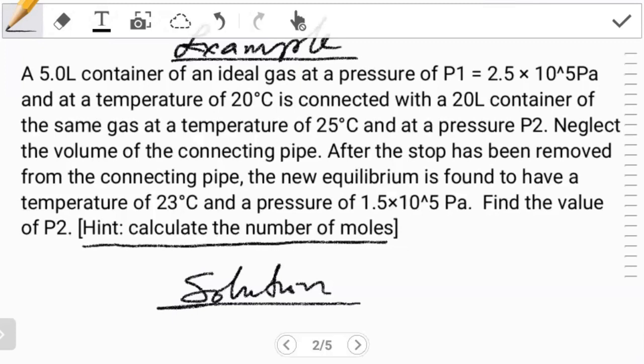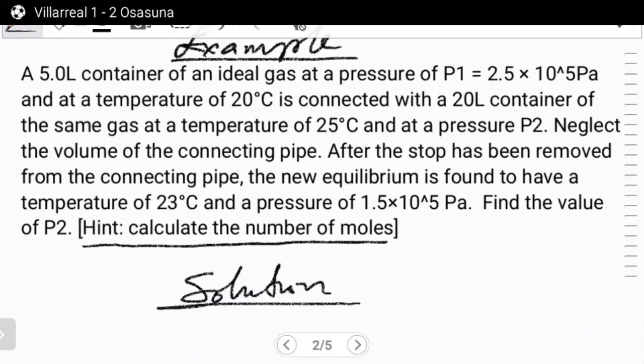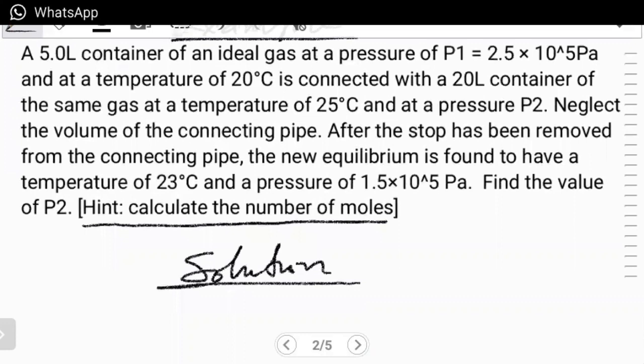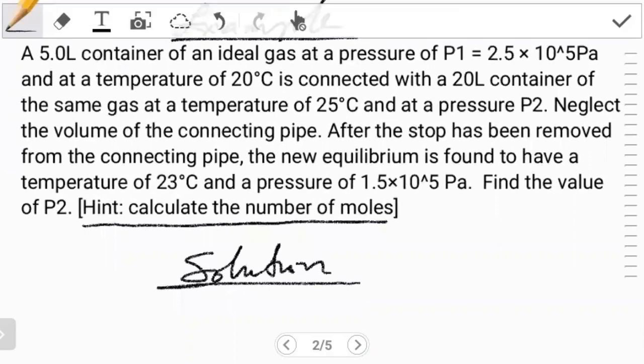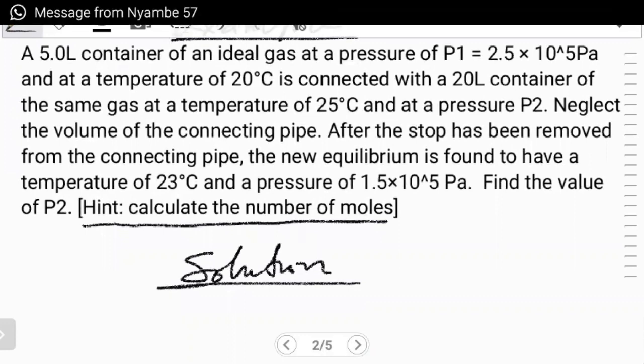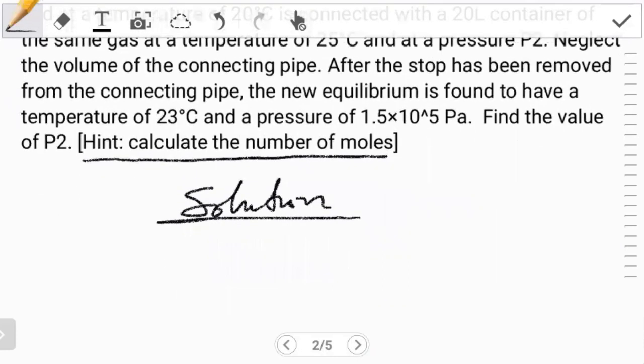I hope you went through and read through everything. What the question is describing here is a situation where you have a gas in a container. This gas has two sections. On one side, we have a smaller volume, which is said to be 5 liters.